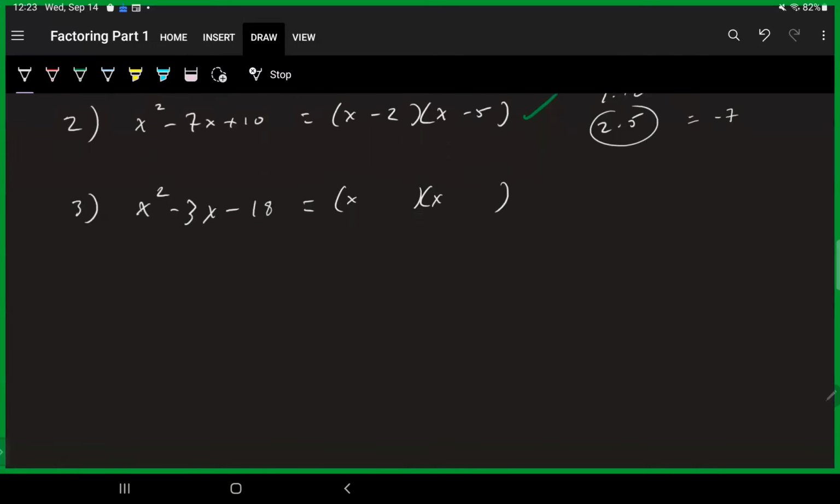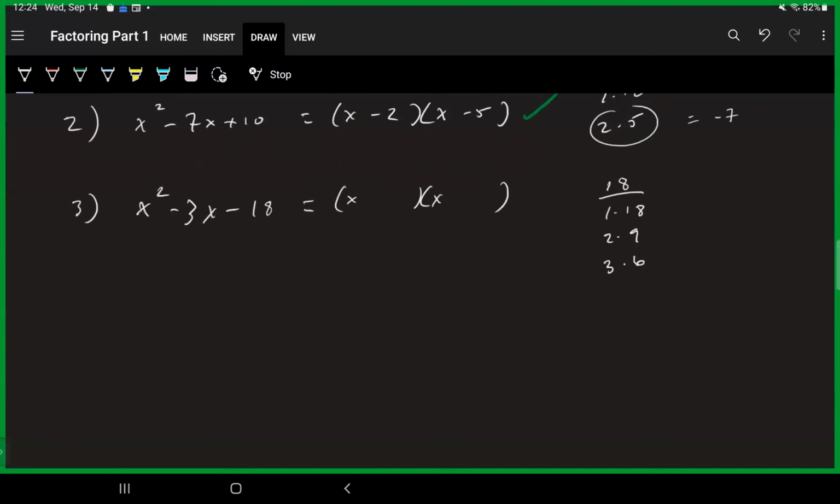So let's think. How do I make 18 with factors? 1 times 18, 2 times 9, 3 times 6, and I've exhausted all my possibilities. Okay, so I know that I'm going to have a combination of those, either 1 and 18, 2 and 9, or 3 and 6. I got to figure out which one works.